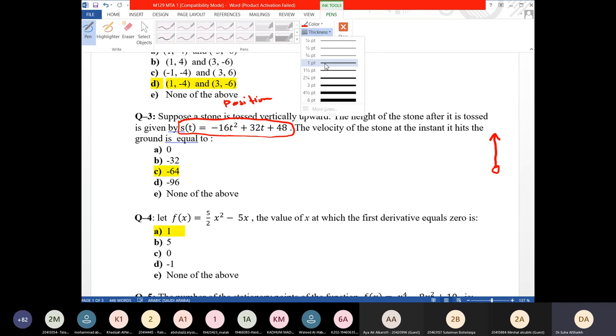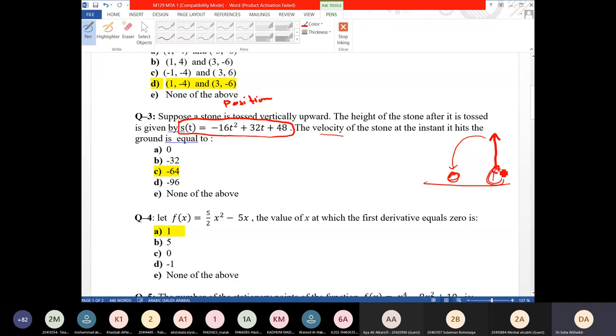The question is the velocity at the instant the stone hits the ground. I want the velocity when the stone hits the ground again. Start from here, go up, and it hits the ground again. What do you think?